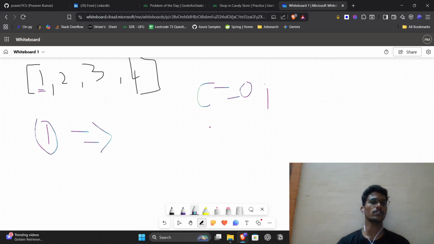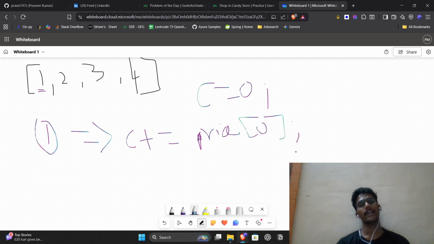I pay for this, so the cost plus equal to the price of it. You have to make the purchase individually. We have to purchase each candy individually. Okay, you made the purchase.